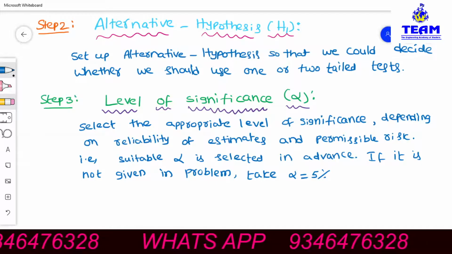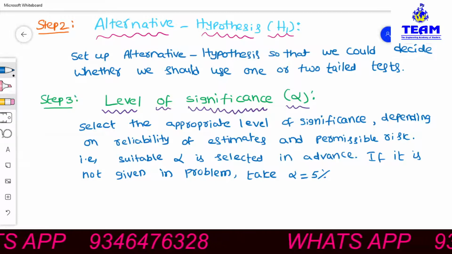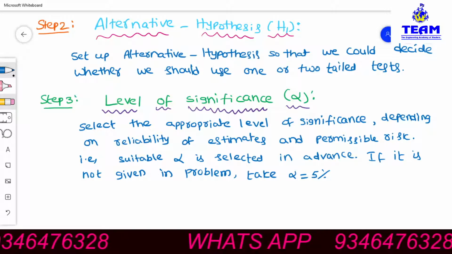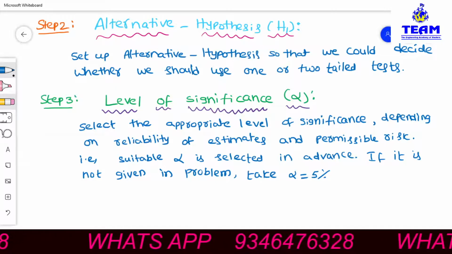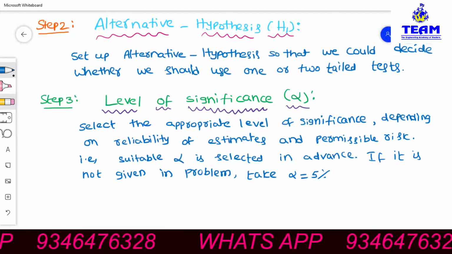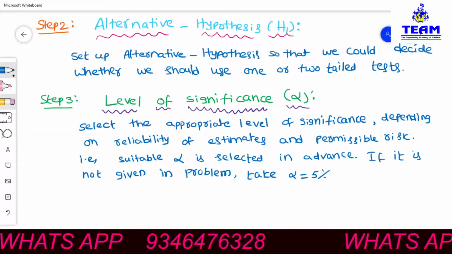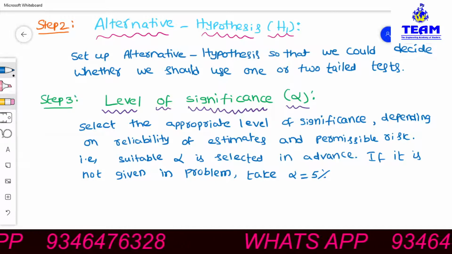That is, a suitable alpha is selected in advance, which means that it is already given in the problem. Sometimes when no alpha is given, in that case we take alpha as 5% level of significance.